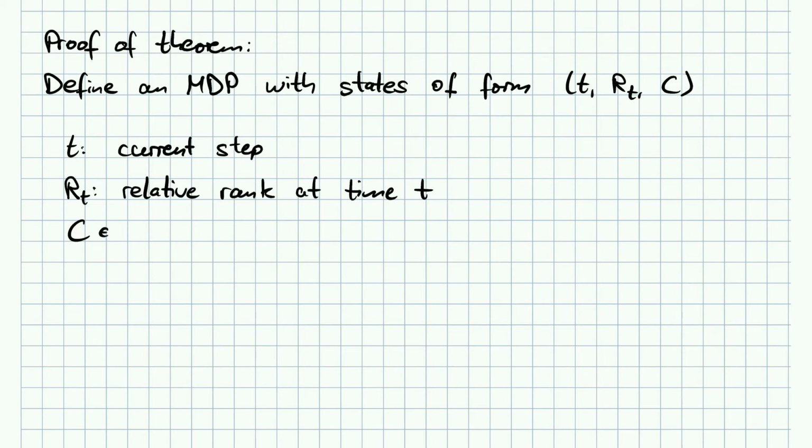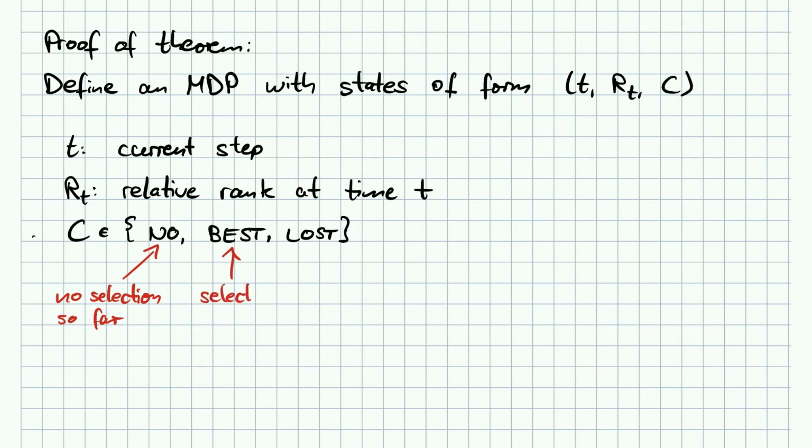And c is our choice so far, and for this we'll have three options, which are called no, best, and lost. What do these things mean? Well, no just means that we have no selection so far. Best means we have selected the best so far.